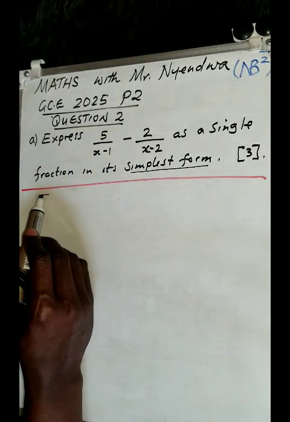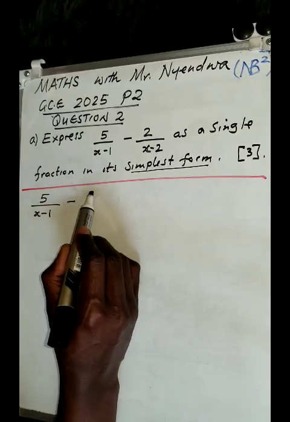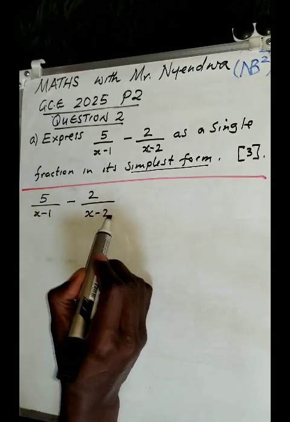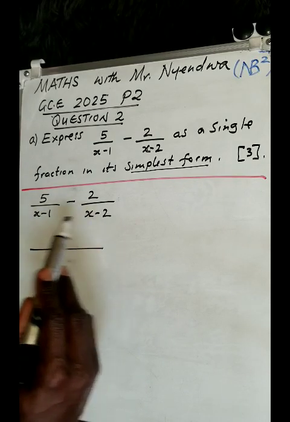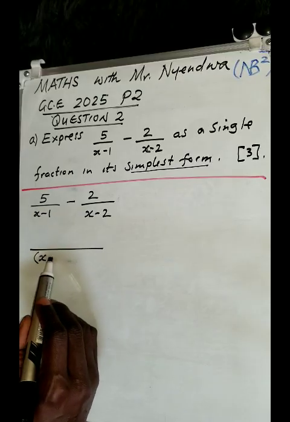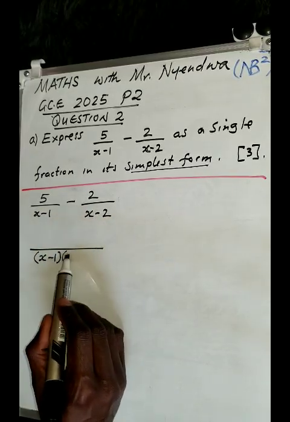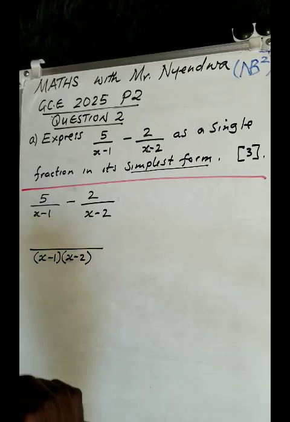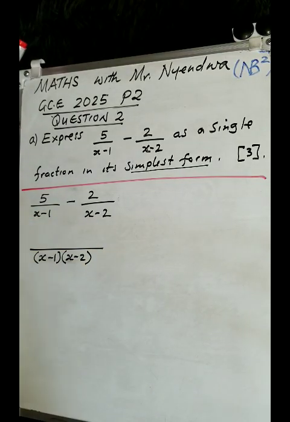So if you have been given 5 over x minus 1 minus 2 over x minus 2, you just need to find the common denominator. Since these are different, you can take the term x minus 1, put it in brackets, and bring x minus 2 close to it, also in brackets. That becomes your common denominator.